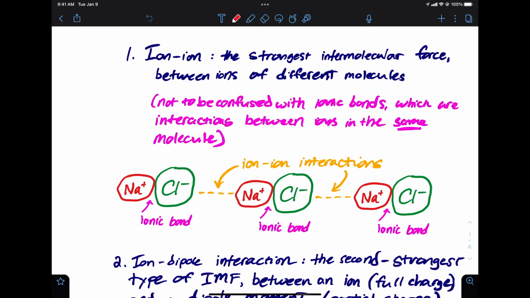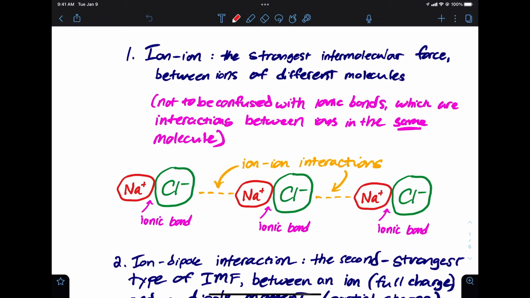It's a force of attraction between different molecules, and the entities involved in that interaction are ions. So it's an ion interacting with an ion on different molecules. Now, these happen all over the place, not only in solids. Of course, they might occur in a salt like this, where you've got a crystal of these NaCl molecules all stacked very nicely onto each other, and you're going to get lots of these ion-ion interactions.